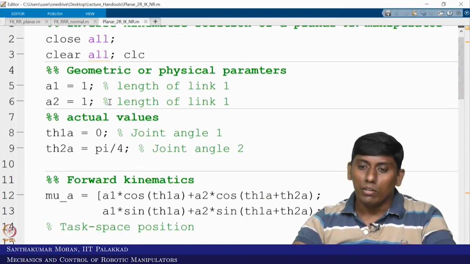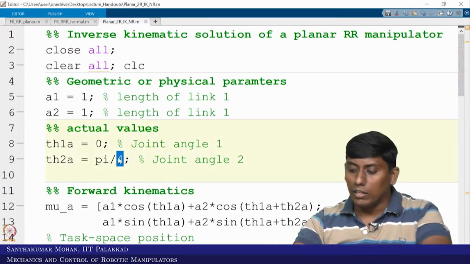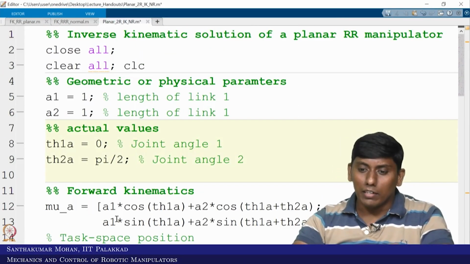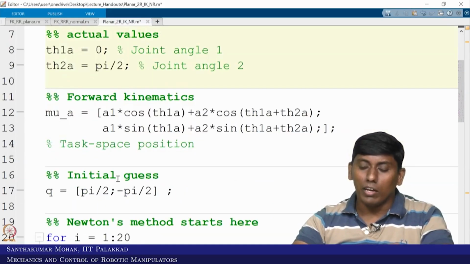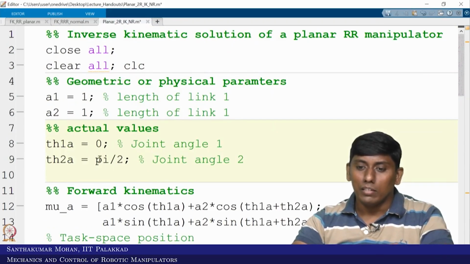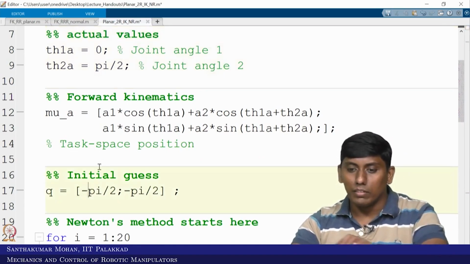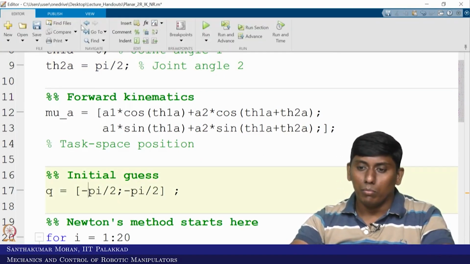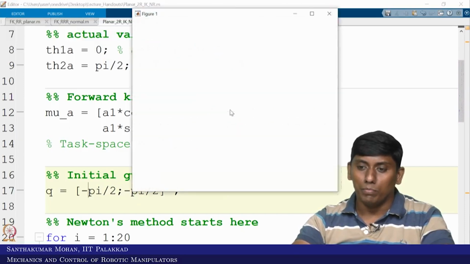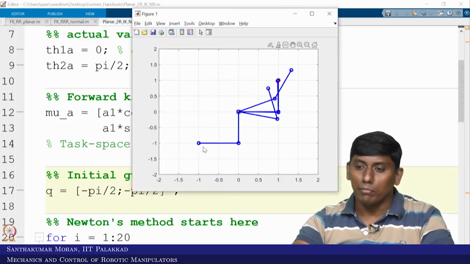Now I took this, so I start from a different point for this solution. Both are minus pi by 2. So in the sense I start from here, it has reached, right.